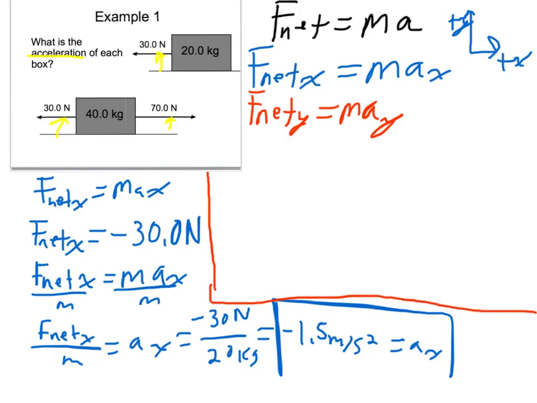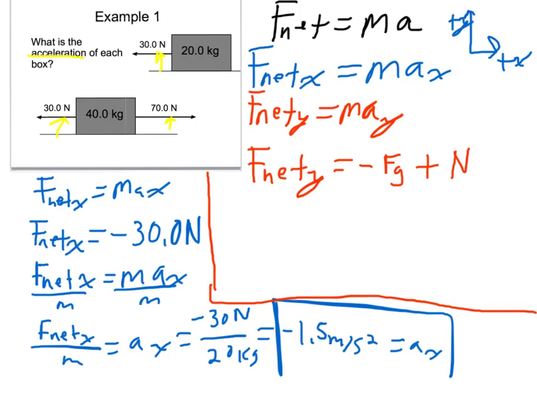Alright, we already have F net y written. F net y equals mass times acceleration in y. We need all of the forces in y, including their direction. Well, there is a force of gravity, and that points down, so negative Fg. And there's a normal force, which points up, so positive normal force.